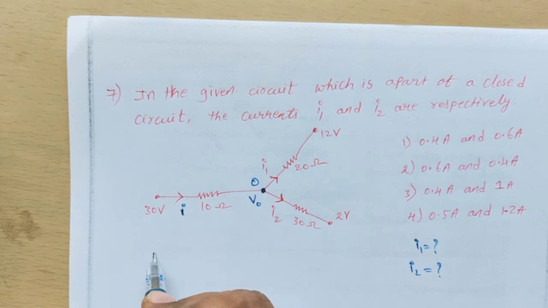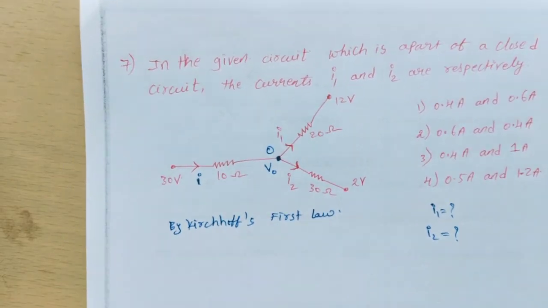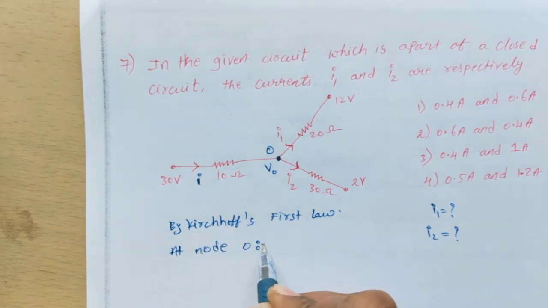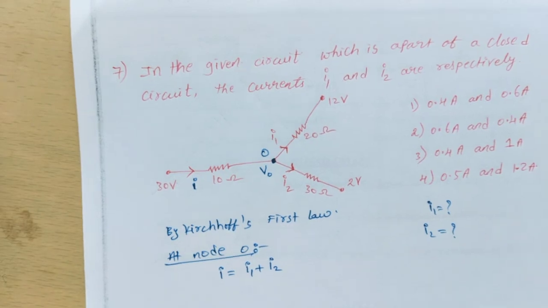Now by Kirchhoff's first law, the node rule, the sum of incoming currents is equal to the sum of outgoing currents. So at node O, the incoming current I is equal to I1 plus I2.